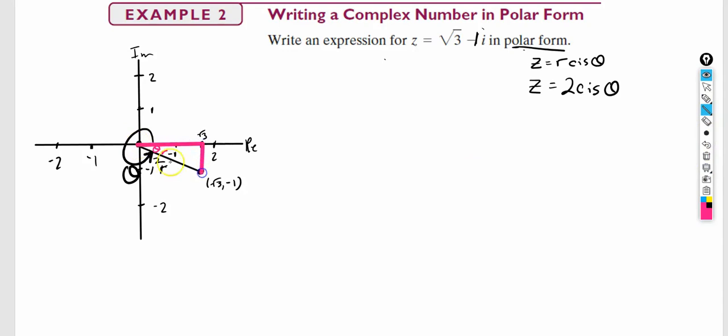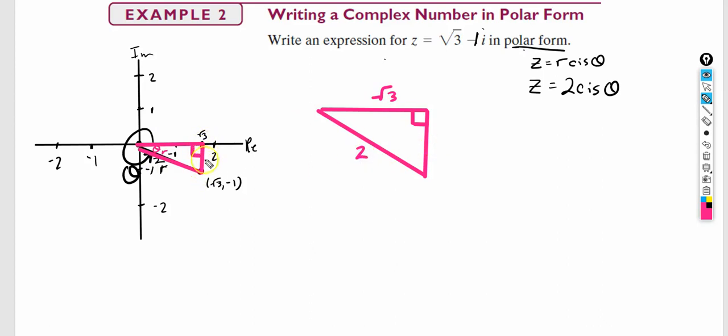So let's do that. Let me draw this big triangle, a right triangle. So I'm going to create this right triangle here. And now I'm going to make it bigger. Okay, so work with that out here. Okay, so I know that this side has length square root of 3. This is r, which we found was 2.